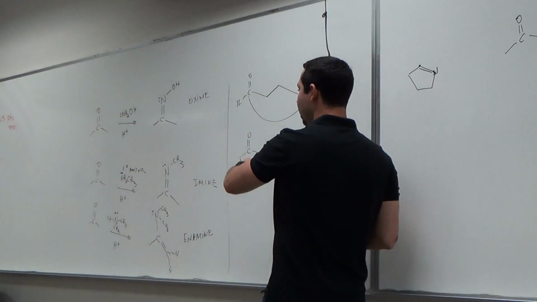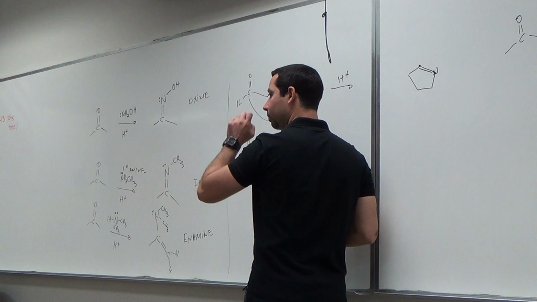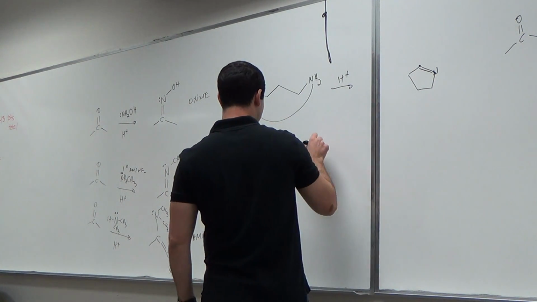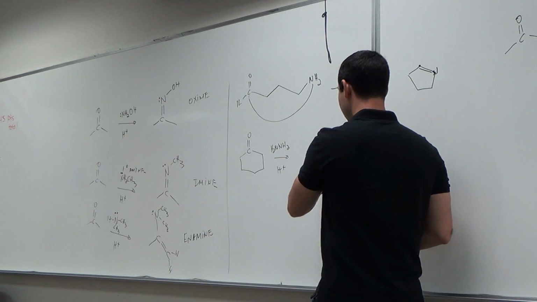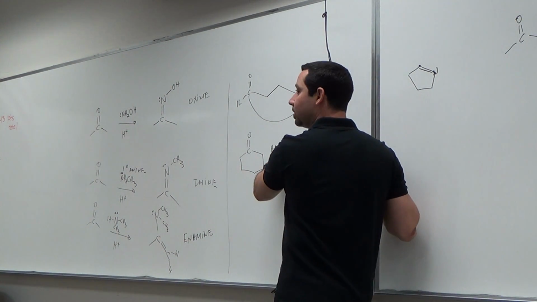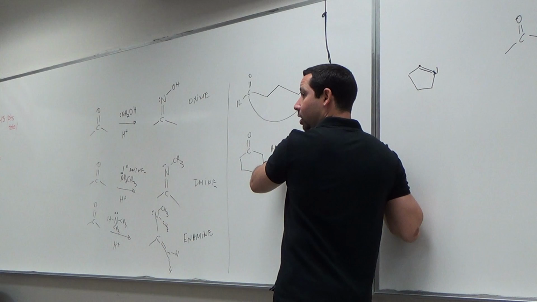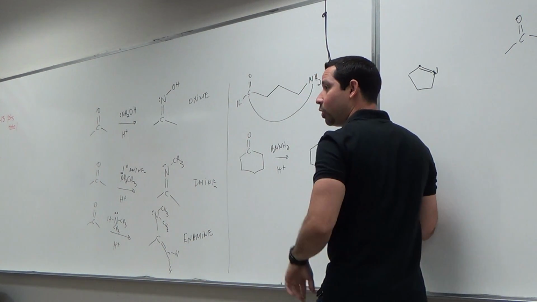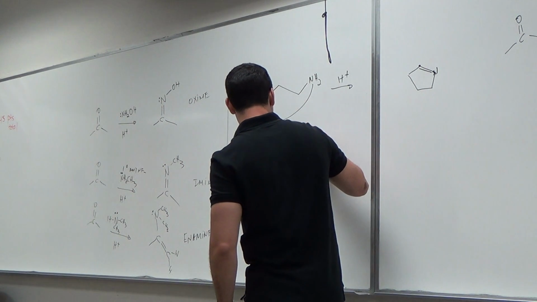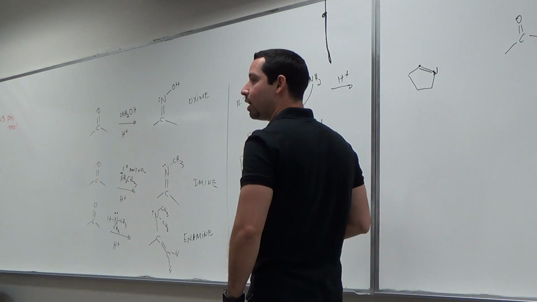So, tell me, what are you going to get here? It's still going to be a 6-member ring, yes or no? But now, what type of amine is this? It has 2 hydrogens. Because it has 2 hydrogens, it's going to give me a double bond to the nitrogen.